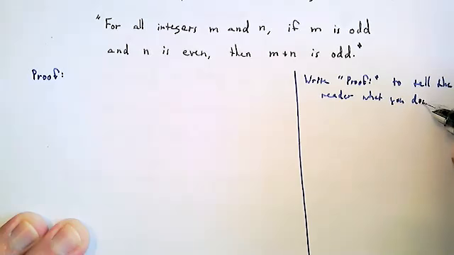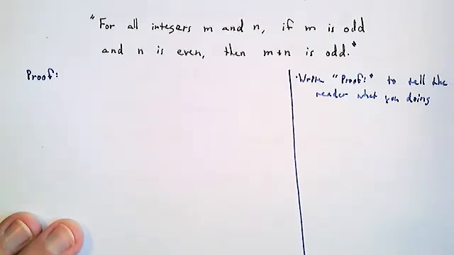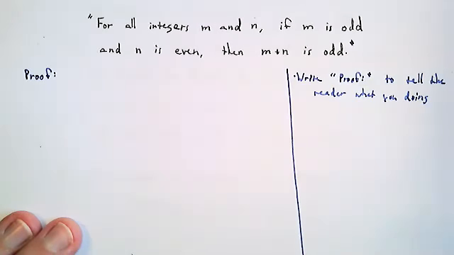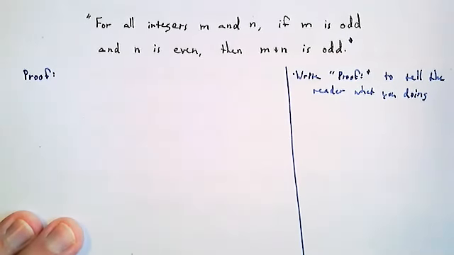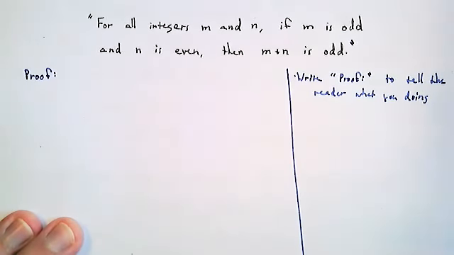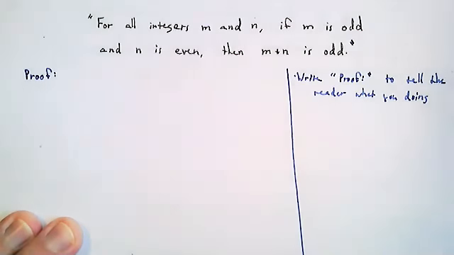And this is just about organization, really. And then after the word proof, we want to write essentially what we're going to be doing for the rest. So we need to write what we know and then write what we're going to prove.